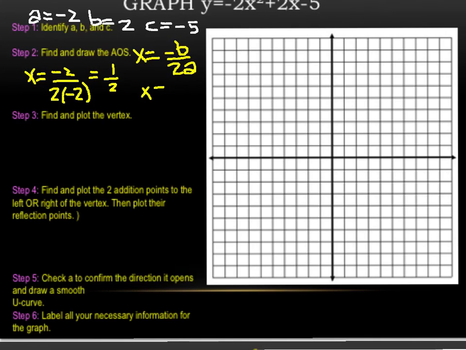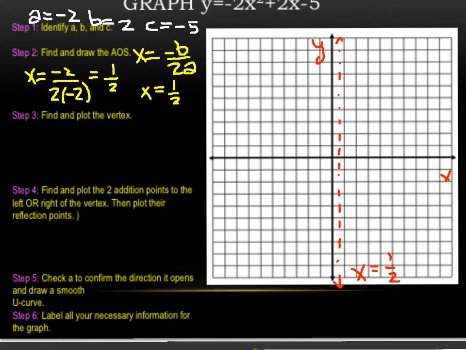So x equals 1/2 is going to be my AOS. So I'm going to go ahead and graph that on my coordinate plane. Okay, and then you want to label it: x equals 1/2. Go ahead and label my axes just because I'm here.